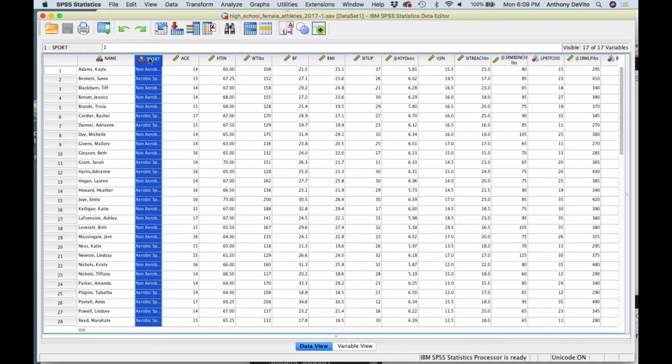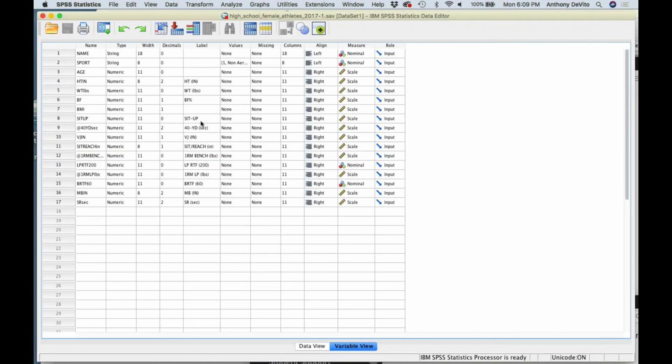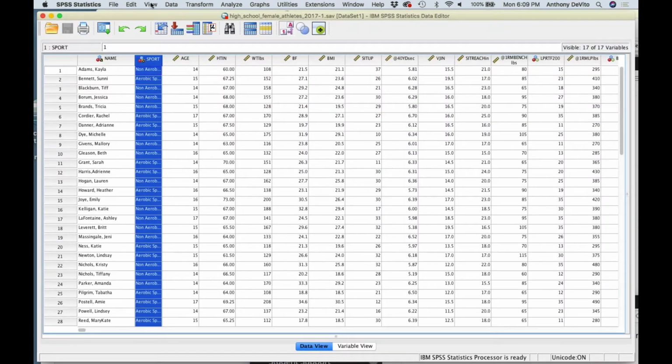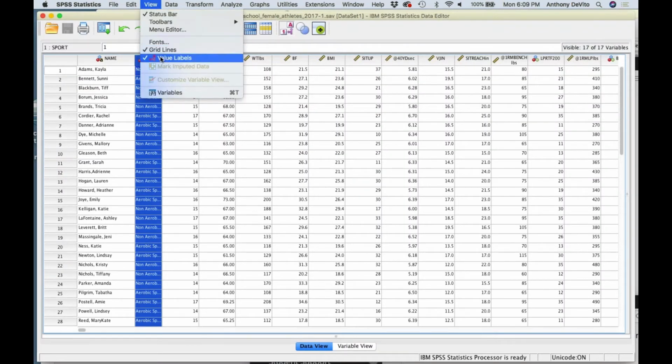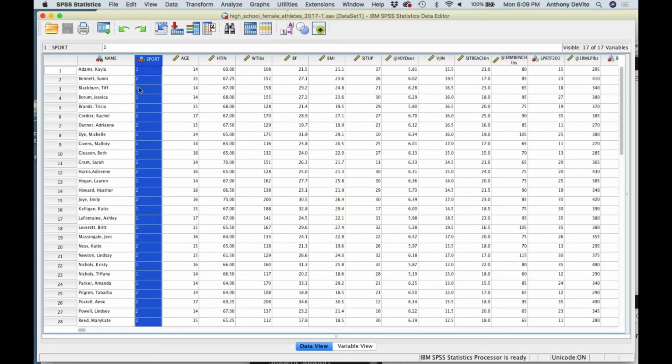See what I've done there? I replaced the variable with numbers. If we go to the variable view, actually, I can go to view and turn the value labels off. So you can see I made a judgment about the sport and called it either aerobic or non-aerobic. This first one was aerobic, second one was non-aerobic, and so on.